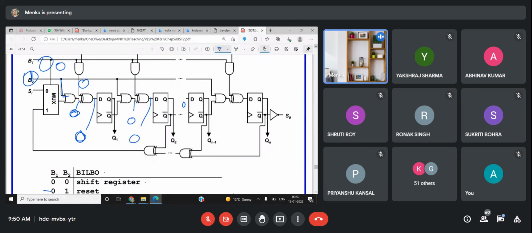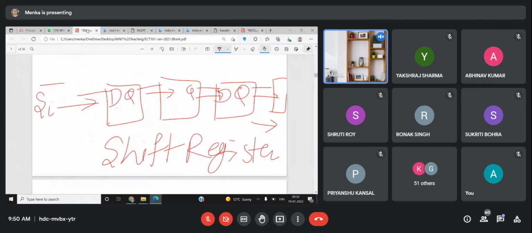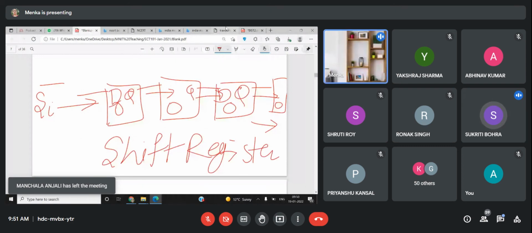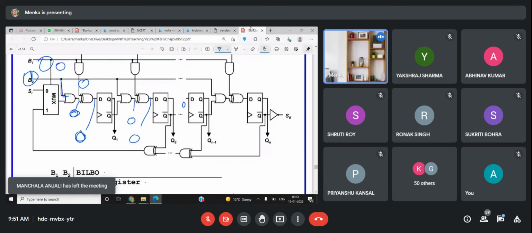Right? So everywhere you are pushing 0, so every register will be having 0 0 0 0. So it means the register data is reset. That's why we will call 01 is the reset mode. आ गया समझ में? Yes, ma'am. Very good.